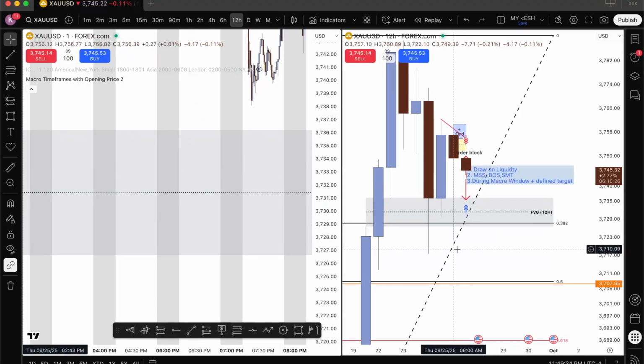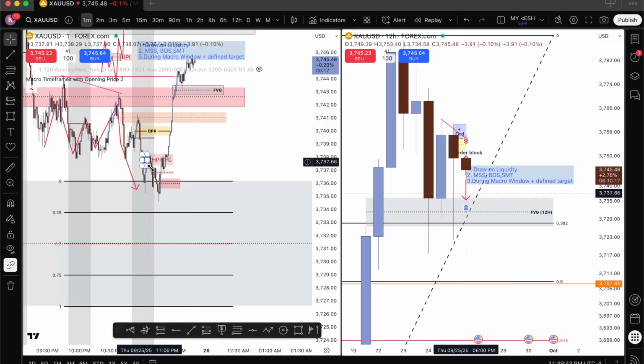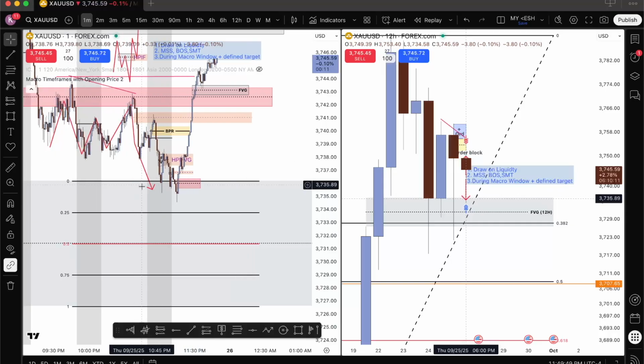I was trying to go for price to disrespect this 12. But once I got a reversal signature in this area, like I talked about before the trade even got here, I said if price comes in this area and gives a reversal signature, I'm out.